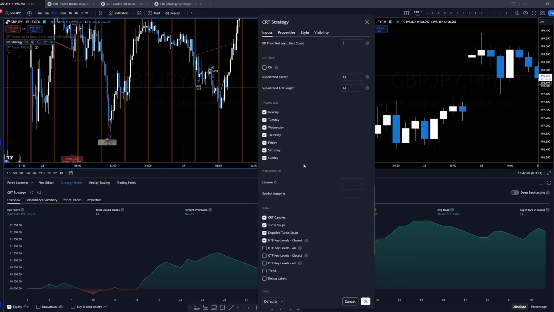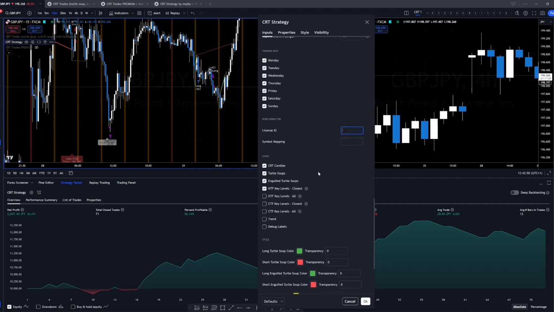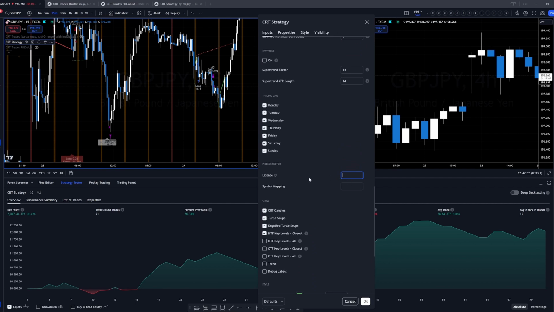You can also filter by trading days, and here you have some fields if you want to create an automatic trading bot via Pine Connector. You can use these fields where you put the license ID, and if you want some symbol mapping, for example, some brokers have prefixes or postfixes on the currency, so you can do your custom symbol mapping.